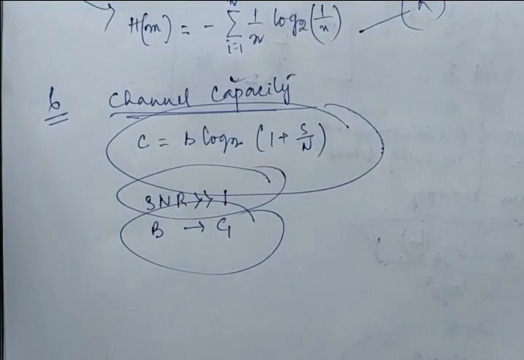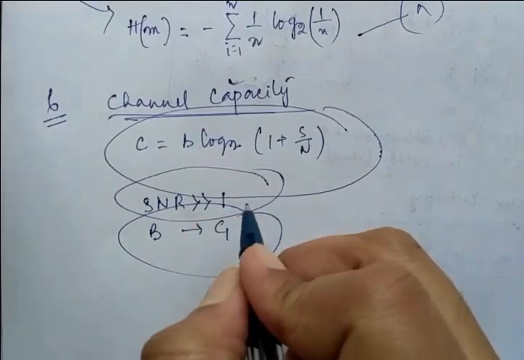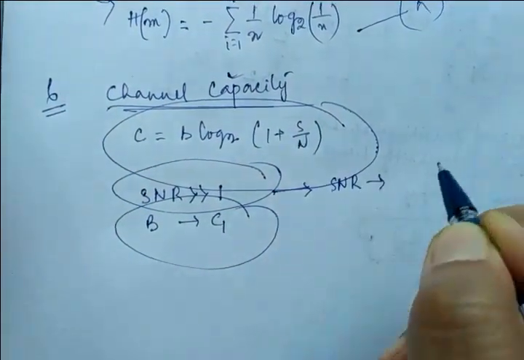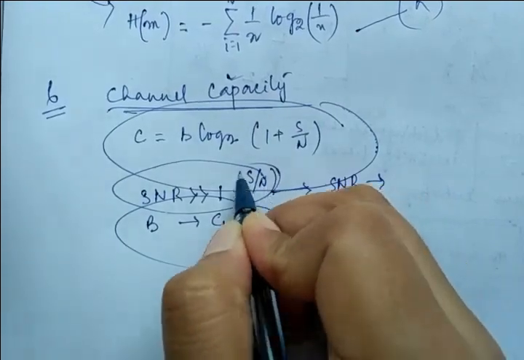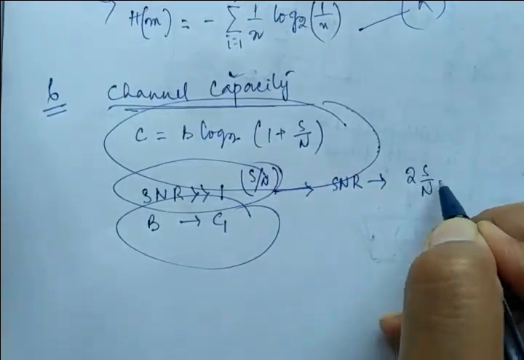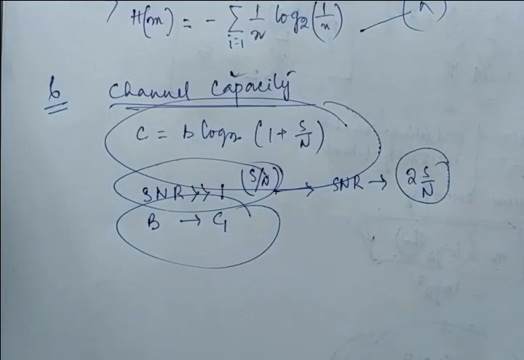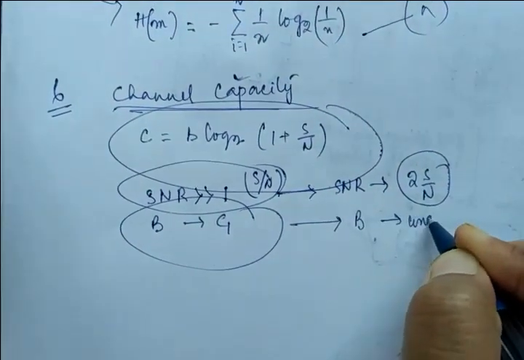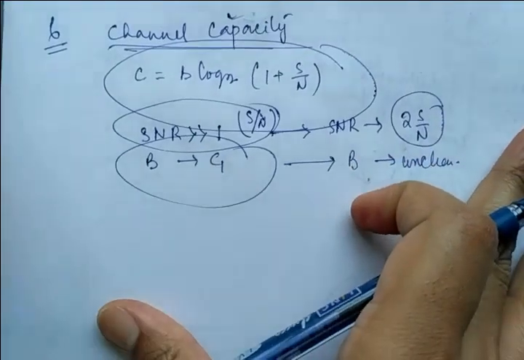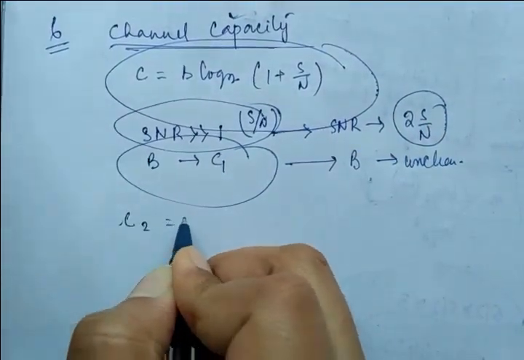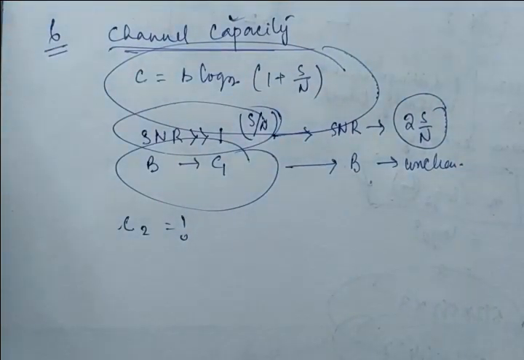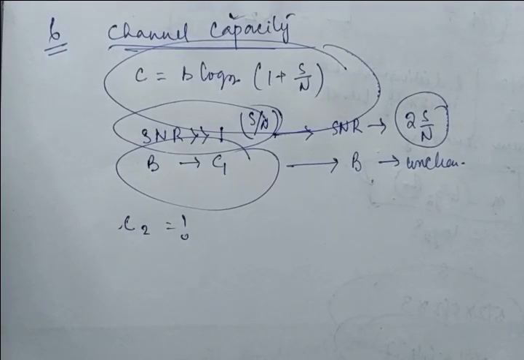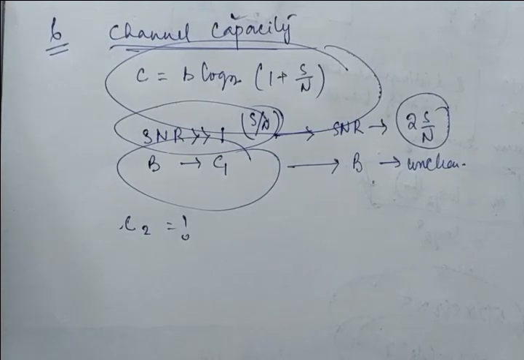If SNR is doubled, keeping B constant, so in the second phase SNR is doubled. If there was S by N, this will become 2S by N. Clear? SNR is doubled but B is constant, B is unchanged. Then the resulting capacity, that is C2. What will be C2? There is a relation between C2 and C1 and B, and what will be your correct answer, right? So how can you calculate this?